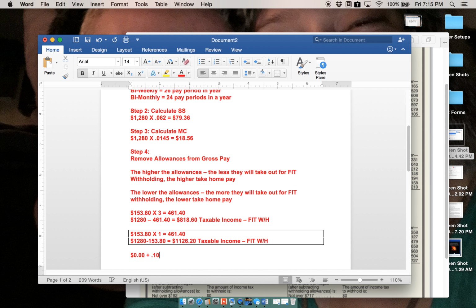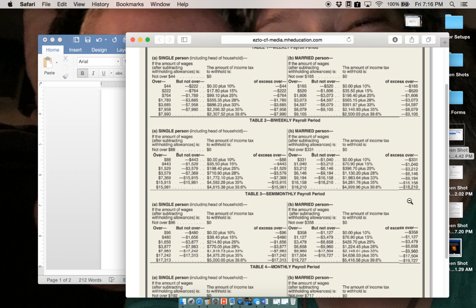So 0.10, 10% of, meaning multiply, the excess of your taxable income that you just calculated over $331. It might look like gibberish, but it actually is an algebra formula: 0 plus 10% of the excess over 331.